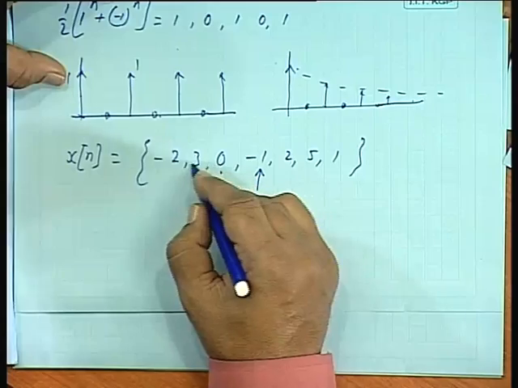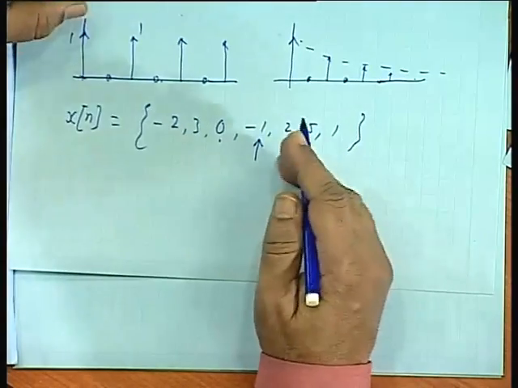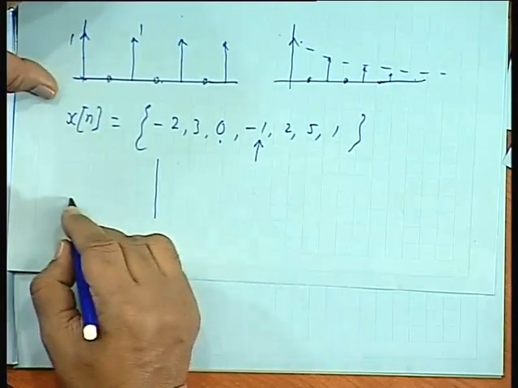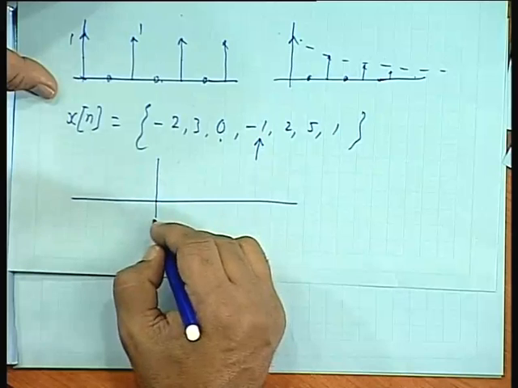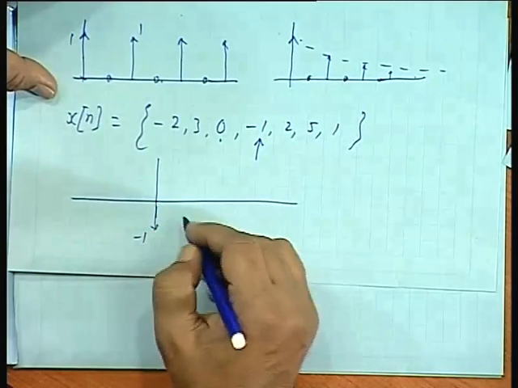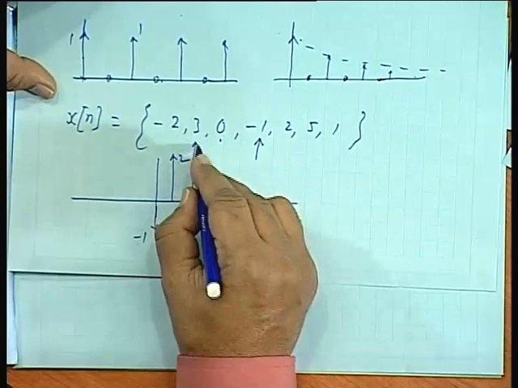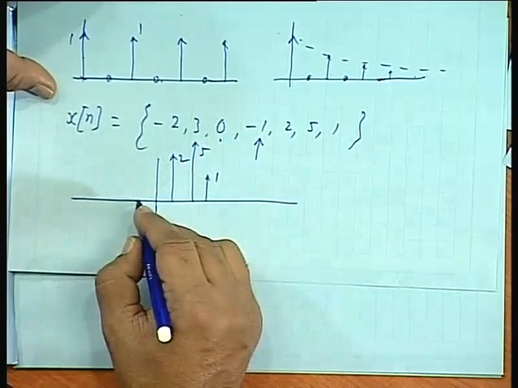So, this is in the negative region of time, this is in the positive region of time, that is the sequence is defined both in negative and positive directions. So, at this point it is -1, 2, 5, they are not to the scale, 1, 0.